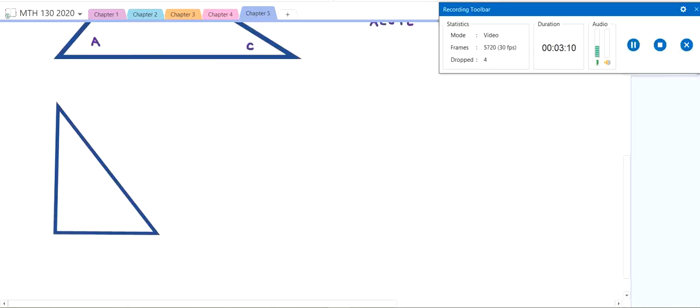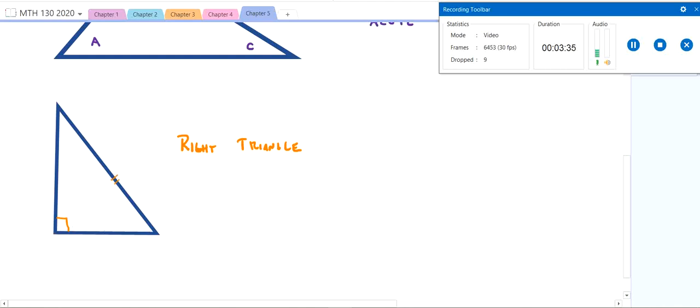Okay, when we have a triangle where one of the angles is 90 degrees, we'll call this a right triangle. I think I said side, but one of the angles is 90 degrees.